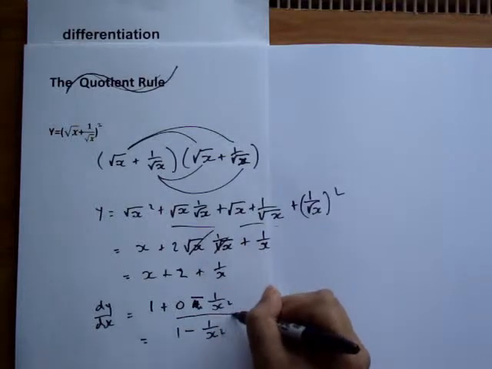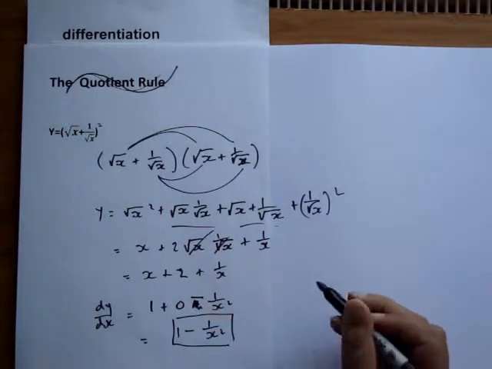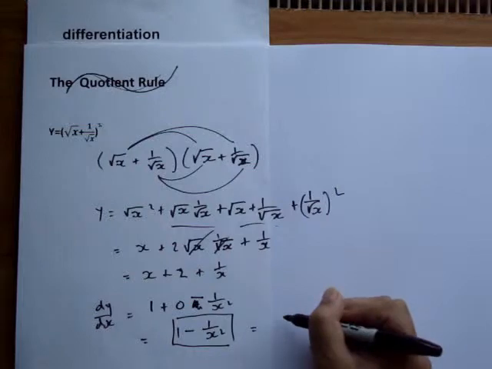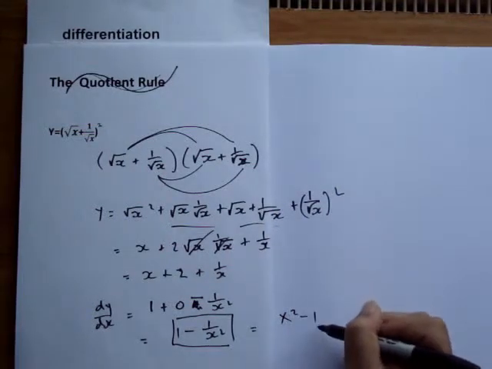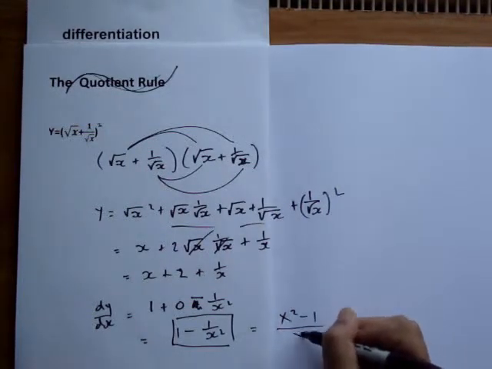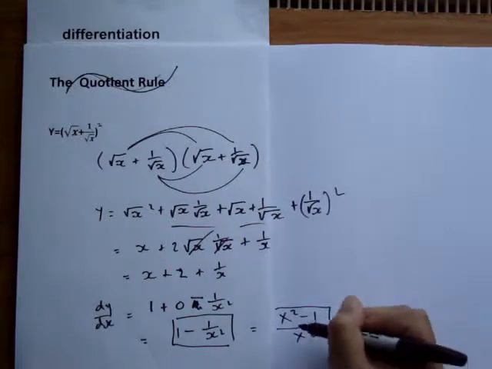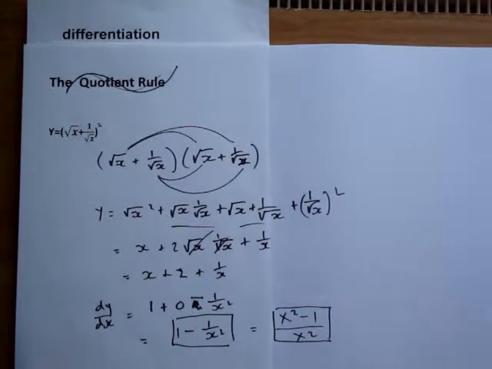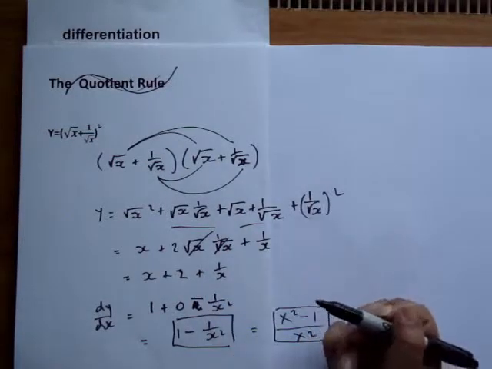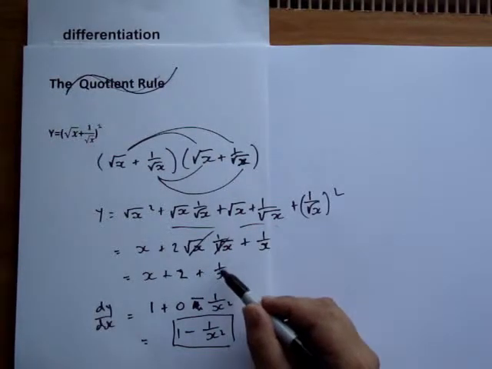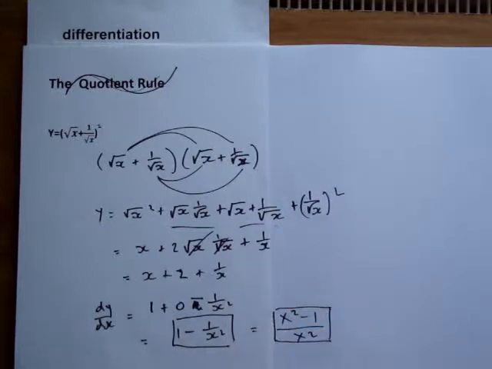And that is the answer. Or if you want another form of that, x squared minus 1 over x squared. Be careful with the minus and the plus when we're differentiating 1 over x.